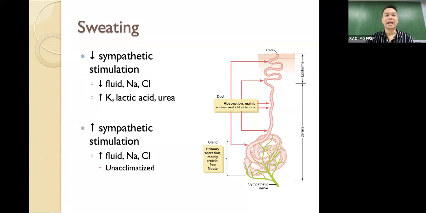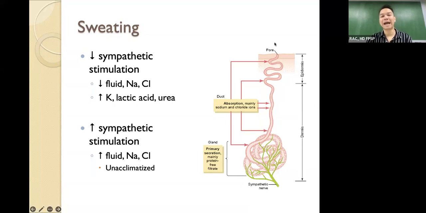Now, if sympathetic stimulation is low, then the amount of primary secretion would be less. Since the volume is low, the flow of your primary secretion as it goes through the ducts will be slow. This will now allow the ductal cells to have more time to reabsorb sodium, chloride, and water.